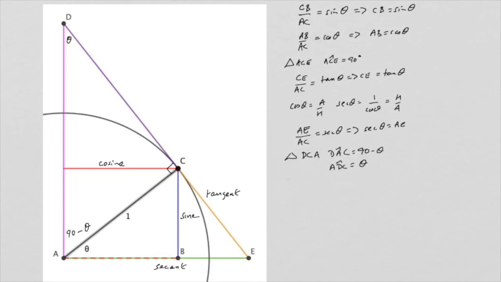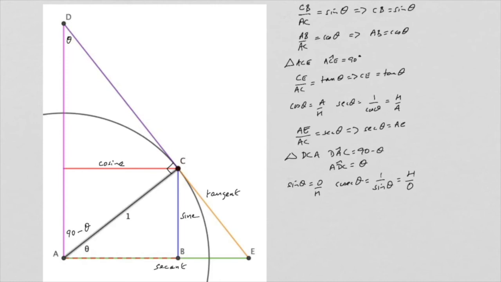sine theta, so sine theta is opposite over hypotenuse, and cosec theta is 1 over sine theta, and that will therefore be the hypotenuse over the opposite. Now in the triangle DCA, the opposite is 1, so this time we've got AC at the bottom there.